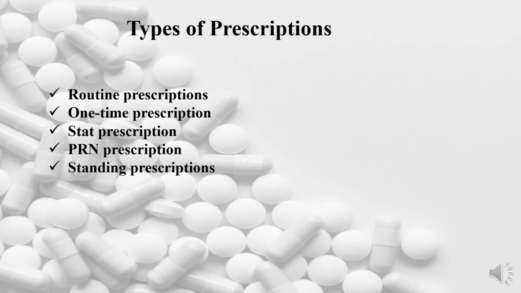PRN prescriptions specify at what dosage, what frequency, and under what conditions a nurse may administer the medication. The nurse uses clinical judgment to determine the client's need for the medication. For example, a PRN prescription instructs the nurse to administer tramadol 50 milligrams PO every 4 hours PRN for back pain.